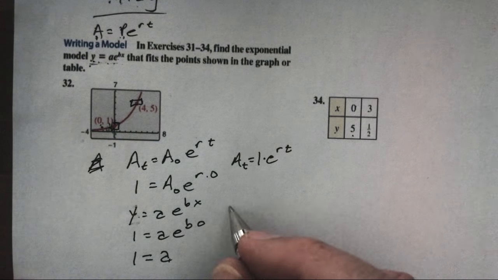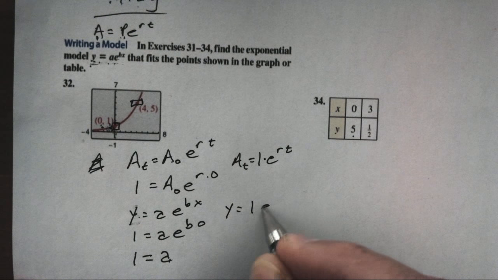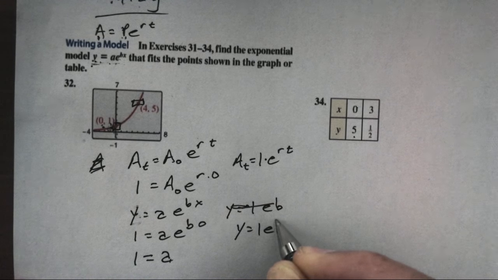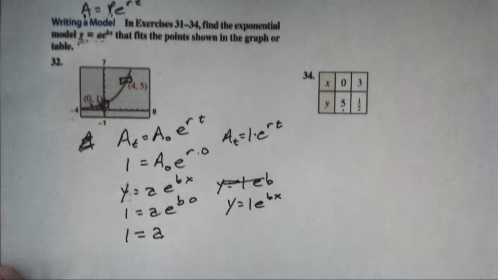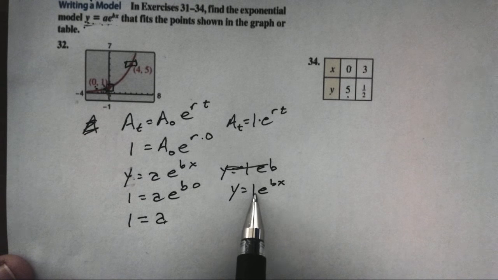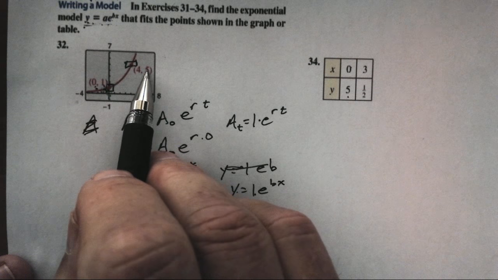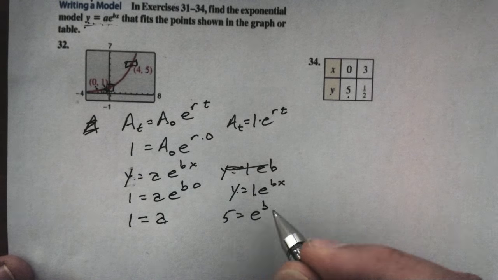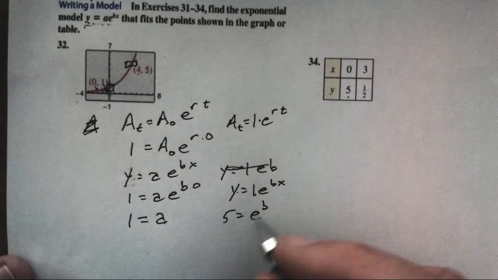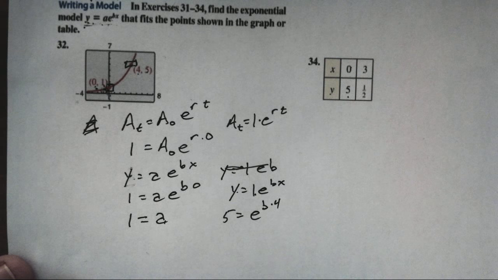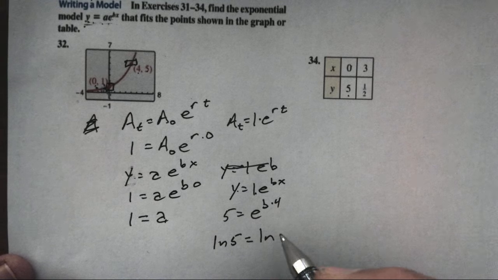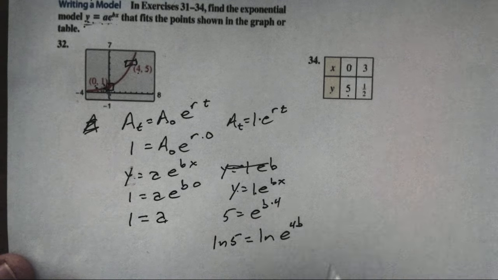Or in this case, y equals 1 e to the b times x. I've got my a value. I've got another y value. 5 equals e to the b times x when the x value is 4. ln 5 equals ln e to the 4b.